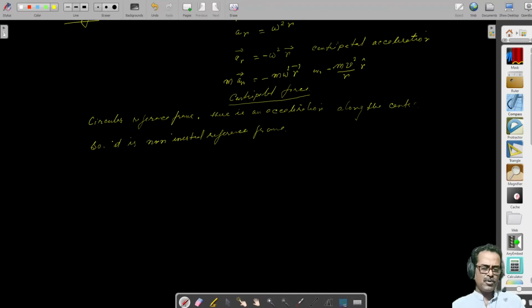So in the case of a non-inertial reference frame, there must be a pseudo force, which acts opposite to the acceleration of the reference frame.